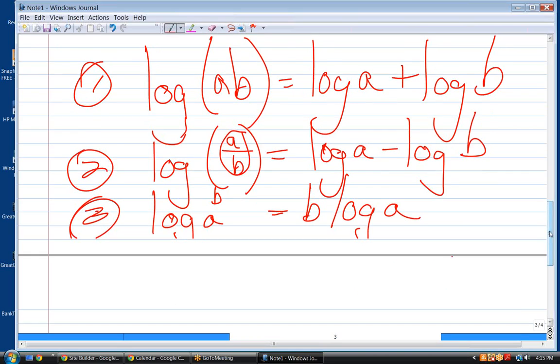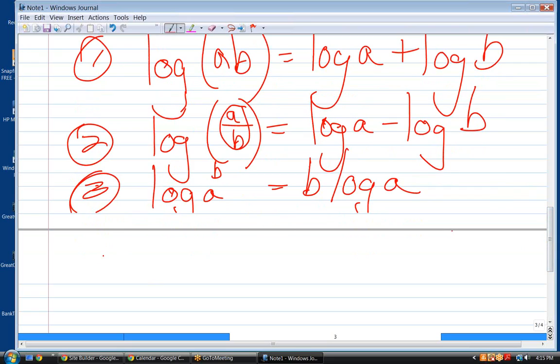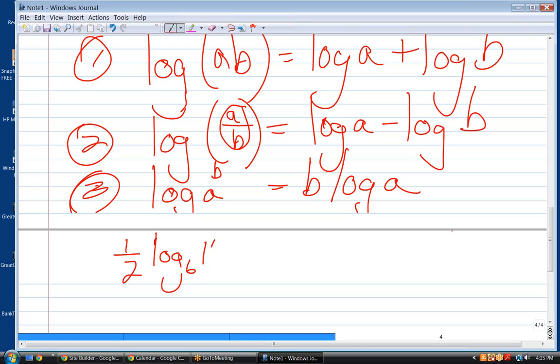So what's the next one you have? Next one is 1/2 log base 6 of 16x equals 3. Equals 3? Yep. Okay. What can I do with this 1/2? Wouldn't you just multiply everything by 2? Yeah. There's actually a couple things you could do.